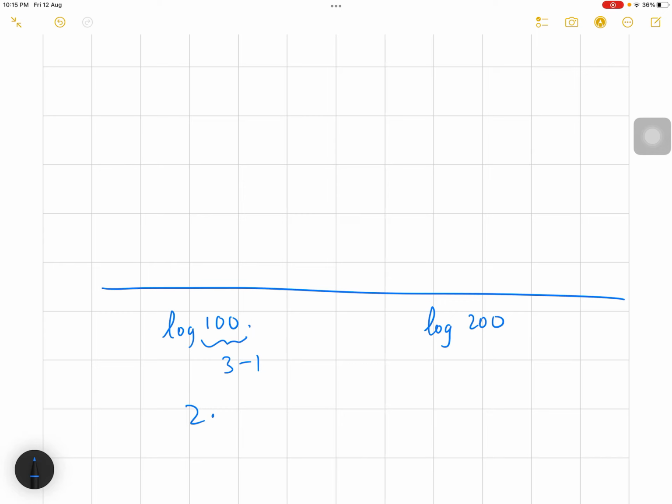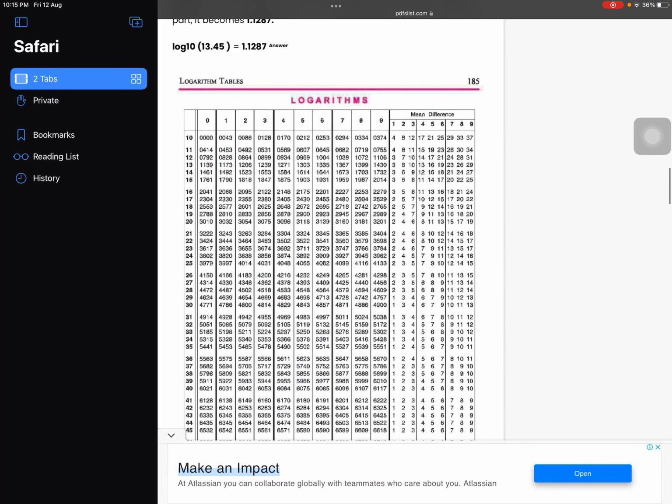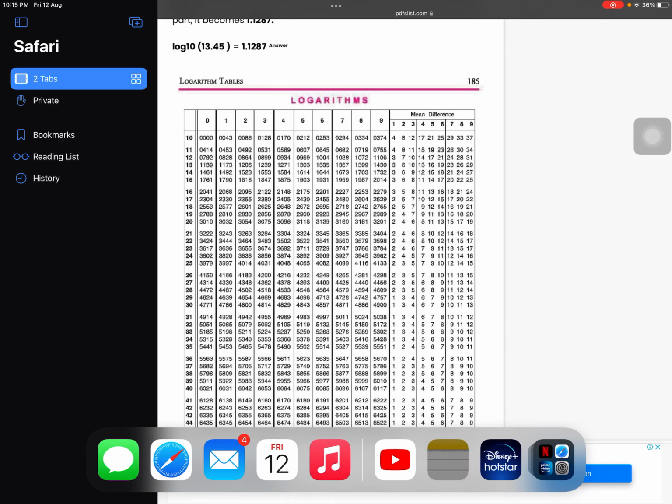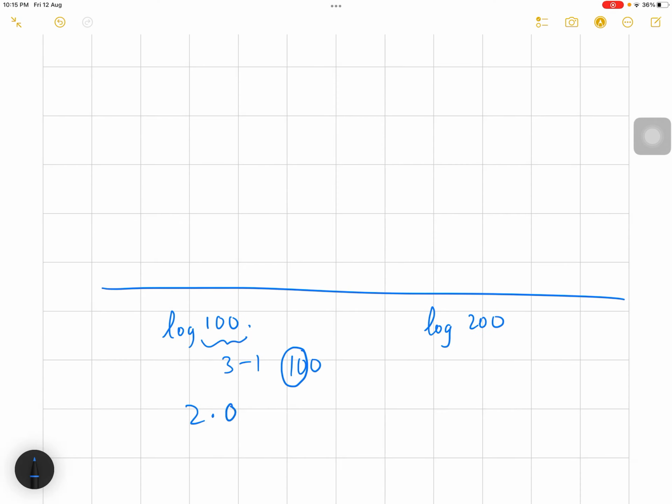Now you forget about the digits. 100 means 10, so in the log table, row 10 column 0 is 0000, and there is no mean difference. So it is 2.0000. That means log 100 is 2.